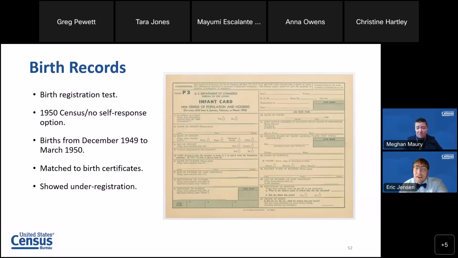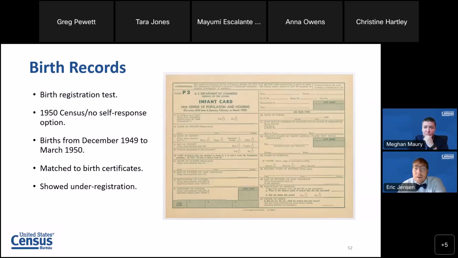Until the early 1990s, we just used aggregated birth records from the National Center for Health Statistics. This means that we got data for the total number of births by some limited geographic and demographic characteristics. But beginning in 1993, we started receiving microrecords from the National Center for Health Statistics. These microrecords included a lot of rich information about birth.